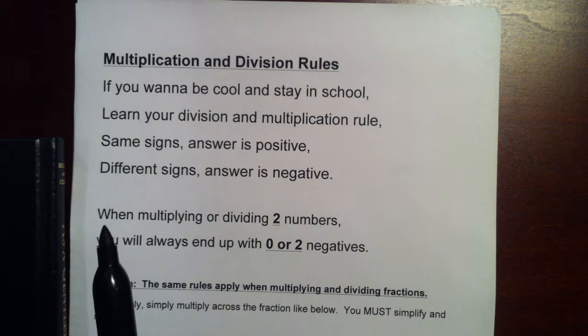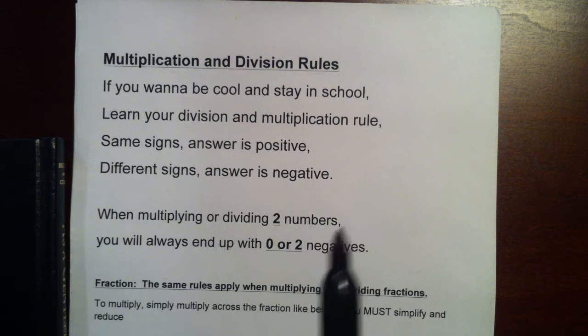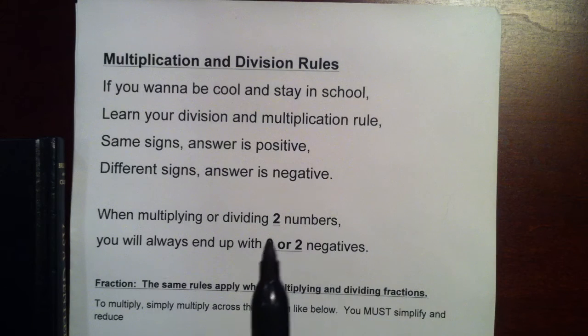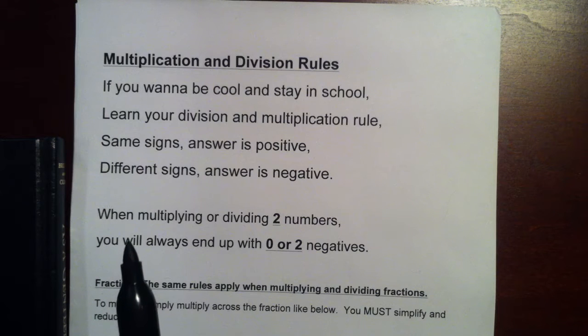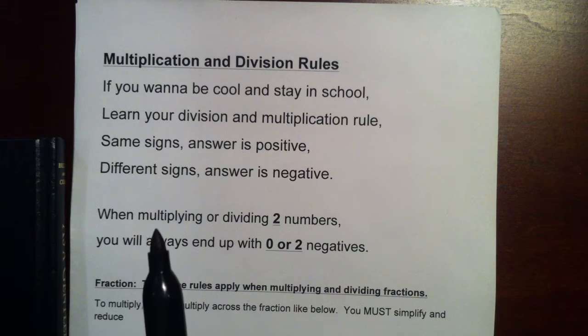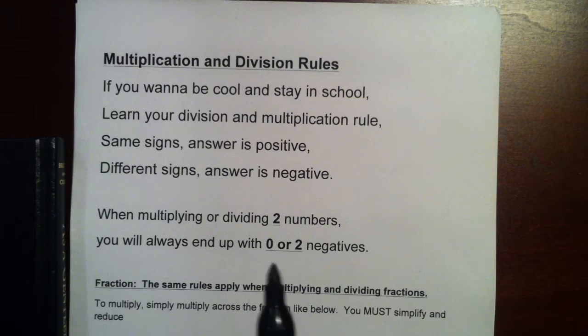It's also important to remember that when you're multiplying or dividing two numbers, so for example, 2 times 3, you will always have, when you're done, between the actual original problem and the answer, either 0 or 2 negatives. 0 or 2. There will never be 1 and there will never be 3. And of course, because you're only dealing with two numbers, there will never be 4.